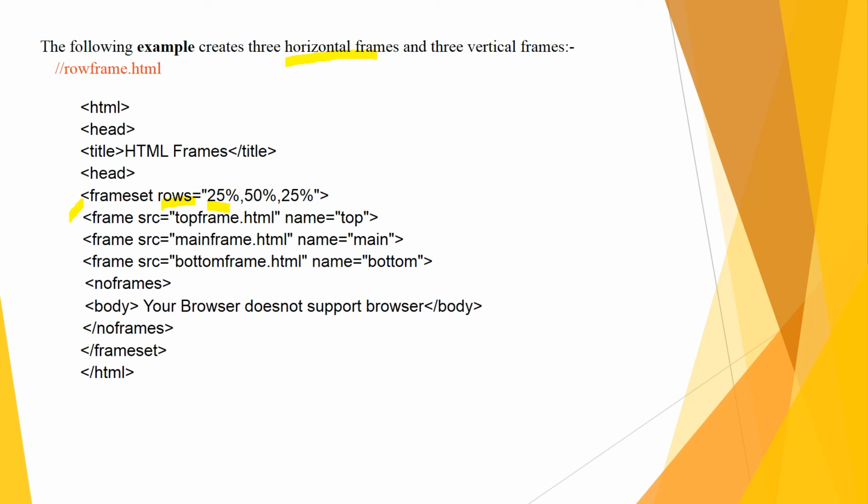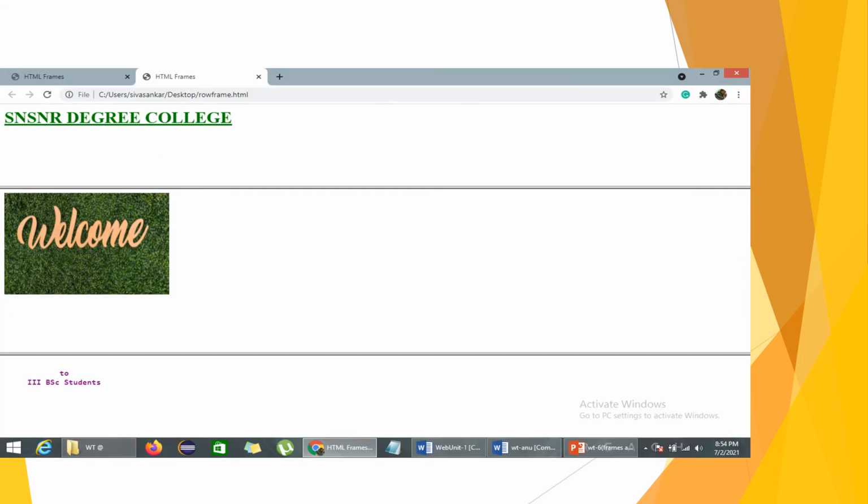These three documents in horizontal frames. Let us see the output for this HTML document. See here, first one is top frame.html, second one is main frame.html, third one is bottom frame.html.